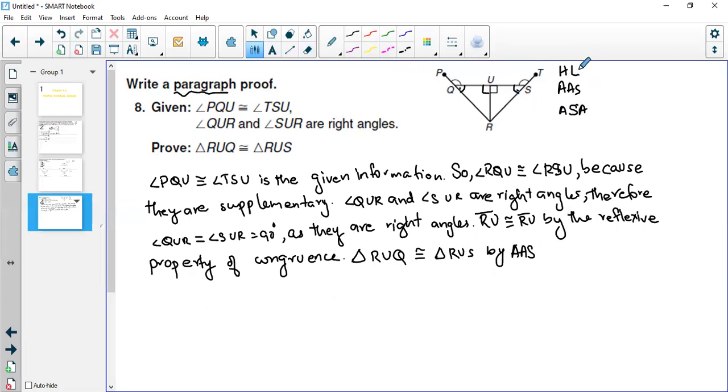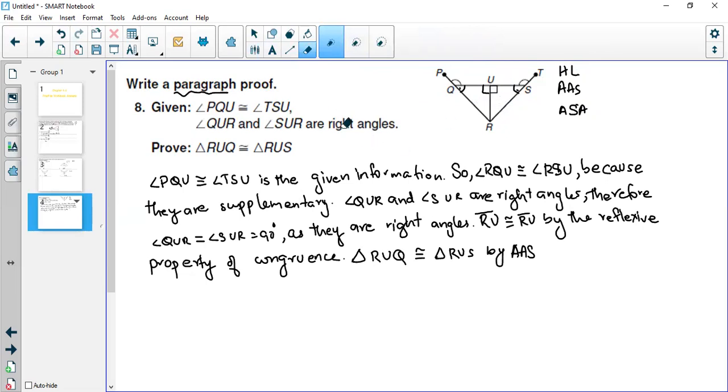For hypotenuse leg, you need a hypotenuse and the leg. So here see, they did not give us the measure of any hypotenuse that this is equal to this. If they would have given us that any of the hypotenuse is equal, simply we can use HL and prove that these two triangles are equal. Because if the hypotenuse is equal to the hypotenuse of the other triangle, and if one of the legs is equal, it's easy to prove, but they did not give us this information, right?